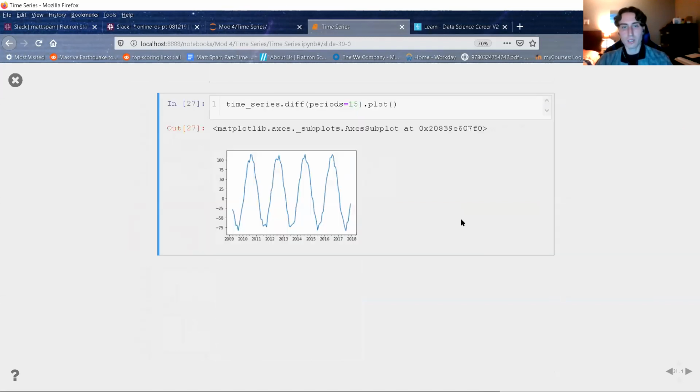And then I was just saying that since we had lags at 3 and 5, we could maybe try 15, because maybe 15 is the overall lag, since these are multiples of 15. So you have to try things out and see what works. There is some strategy involved. There are guidelines. I think there's a table in the curriculum that tells you, if it does this at this value, maybe try that lag amount. But you kind of just have to try it out and see what happens to the time series.